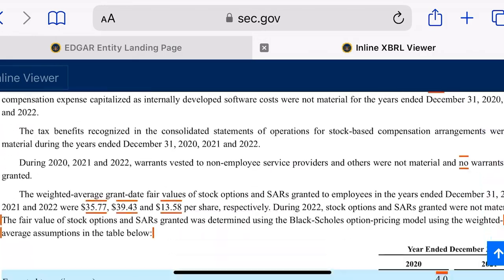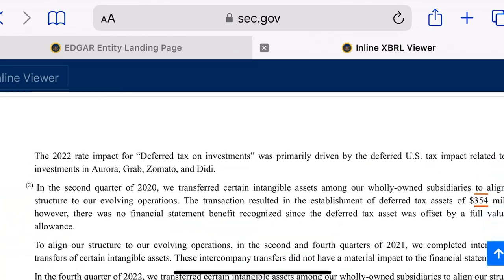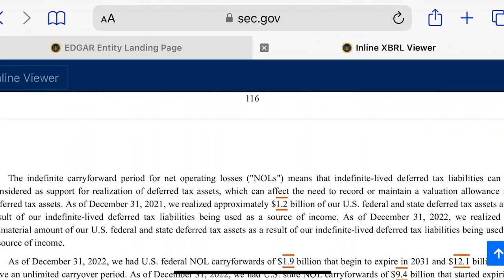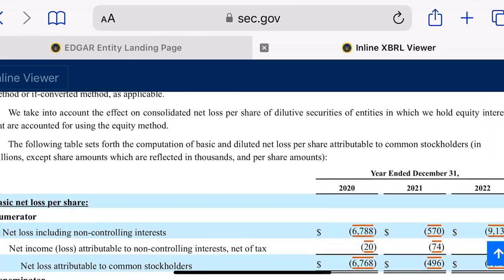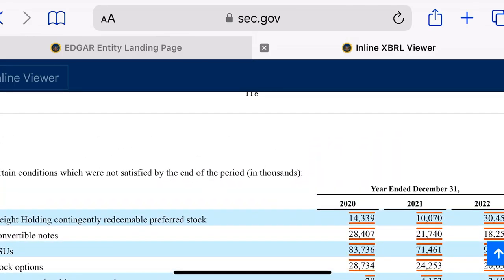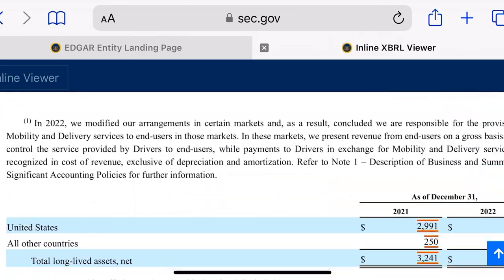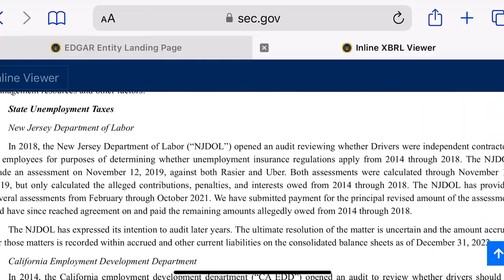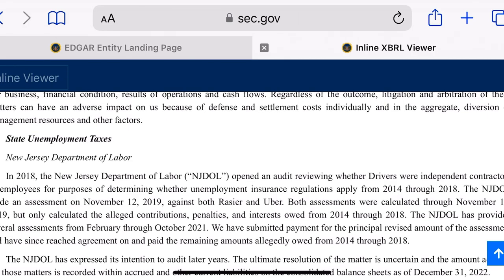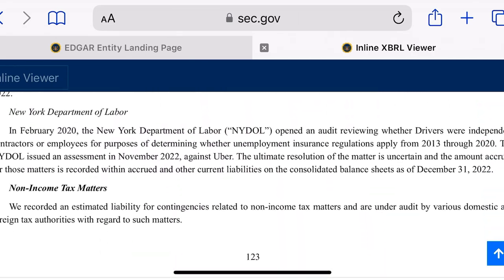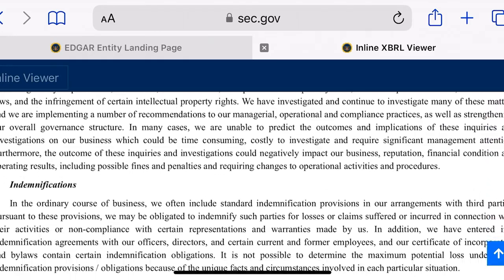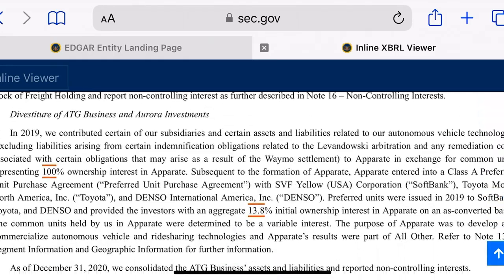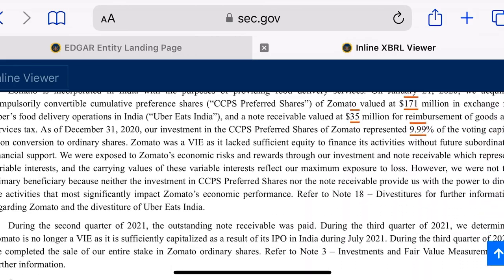Just trying to get to the bottom where they actually sign off on the annual report here. Let's see, so we're on page 118. I'm going to scroll a little faster. But again, here, 2018, New Jersey Department of Labor opened an audit review. So they're going to have to give some more disclosure on ongoing events that can affect them.